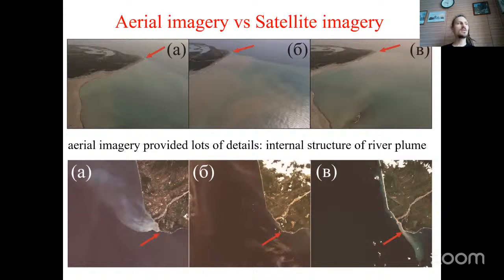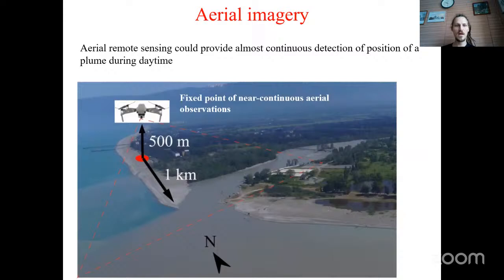So in order to study these small-scale processes at small plumes, aerial imagery is very useful. We spoke before about satellite imagery, but if we want to go deeper, if we want to study river plumes deeper and the sediment transport as well, we applied aerial imagery, and aerial imagery provides lots of details as compared to the satellite imagery. You can see the difference.